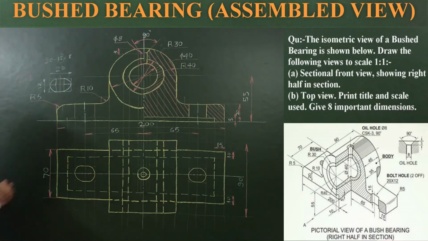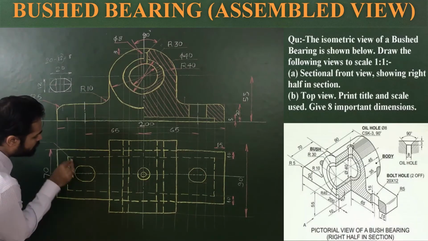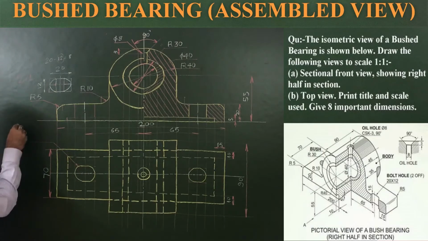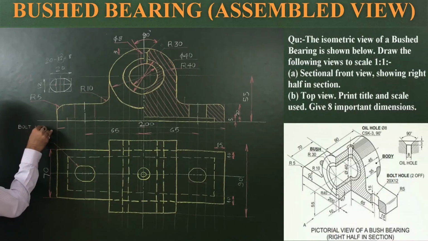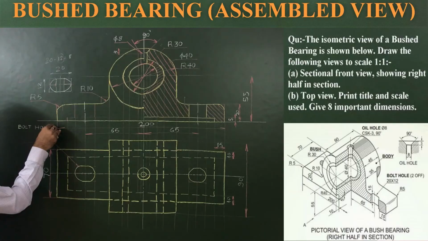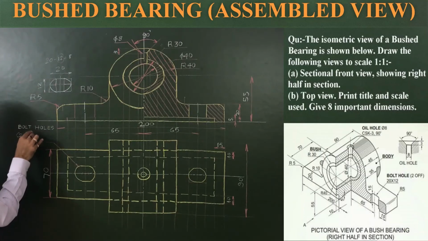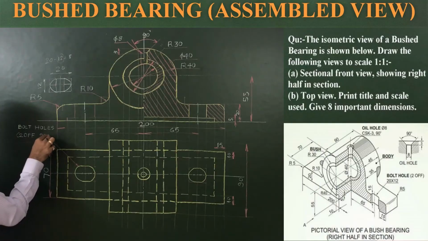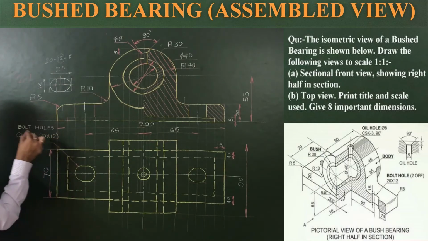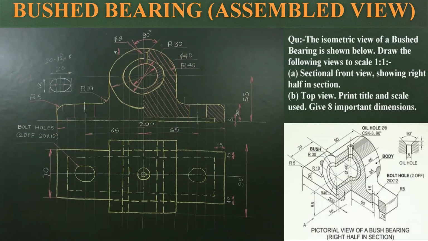Next is the bolt hole. So for the bolt hole, of diameter 20, 2 of 20 cross 12. Bolt holes, 2 of 20 cross 12.